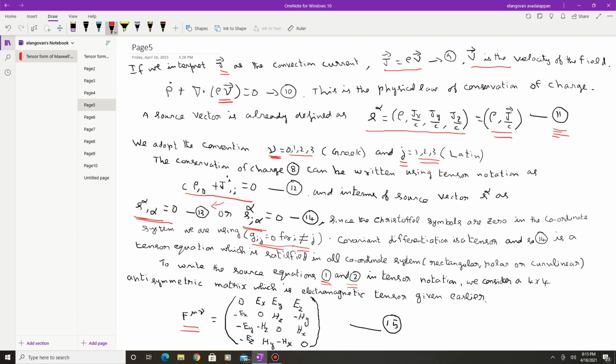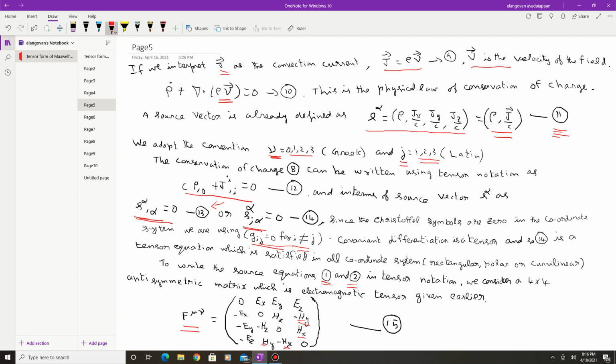We have already defined it: 0, Ex, Ey, Ez, then minus Ex, because since it is an antisymmetric tensor the diagonal elements are 0, and then minus Ex, minus Ey, minus Ez. Since the tensor is antisymmetric, the other entries must be the negative of these. Here Hz, minus Hz, minus Hy here, and plus Hy here, and Hz here, and minus.